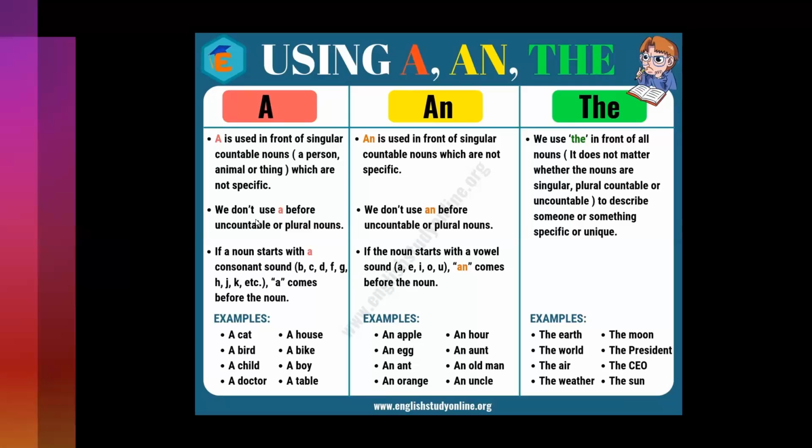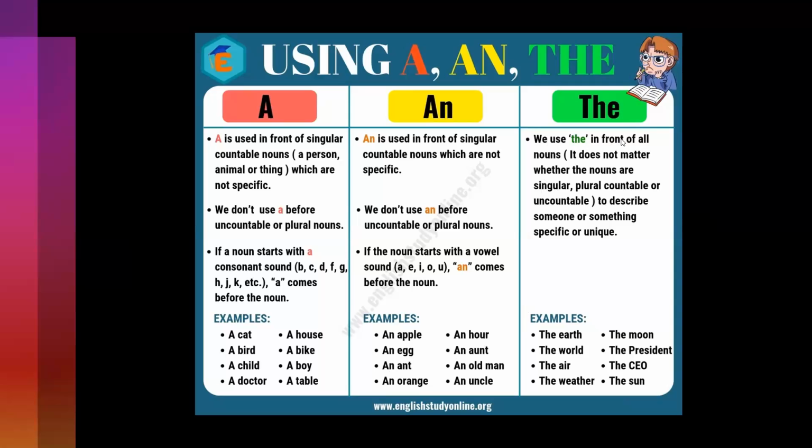For example, we say a cat, a bird, a child, a doctor, a house. But we use an if the noun begins with a vowel sound, like an apple, an egg, an ant, an hour.